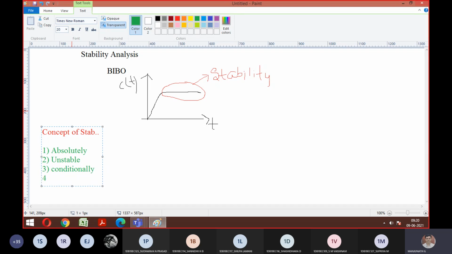The last one is called critically stable, or one more name given is marginally stable. These are the major things we have to discuss with respect to the basic concepts.